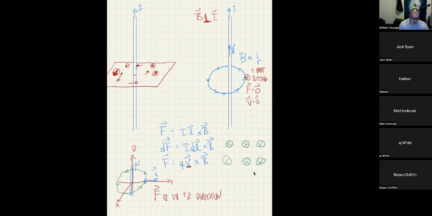Okay, so let's see. To answer your question, let's put a negative charge right here, and let's say its velocity is going this way. I will make sure we understand that this corresponds to that guy. Now I've got a negative charge going this way. In that case, QV is in the negative X direction. And right out here in front, the magnetic field is actually in the positive Y direction. You see that?